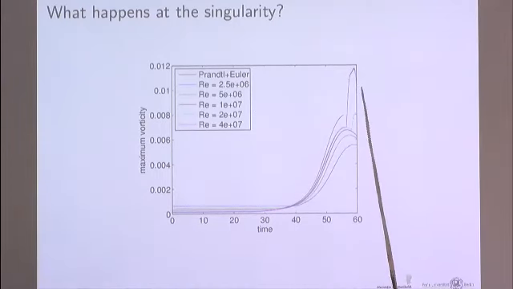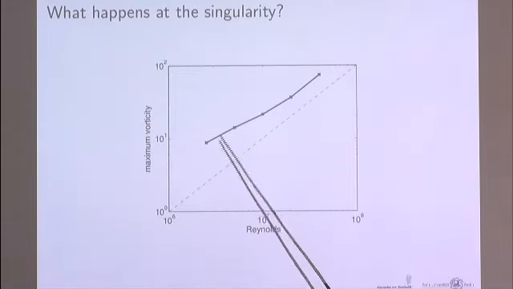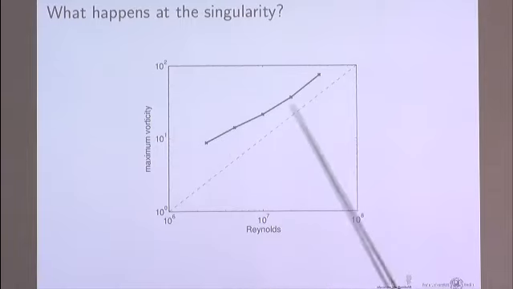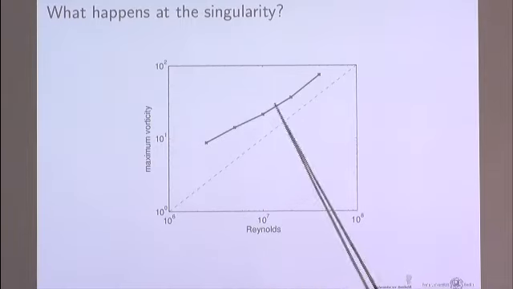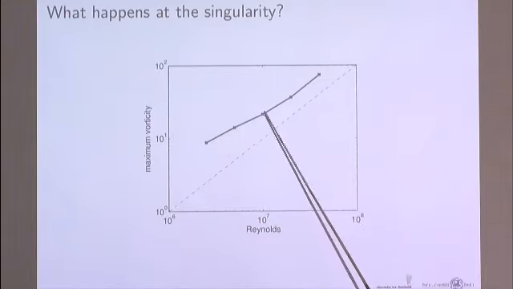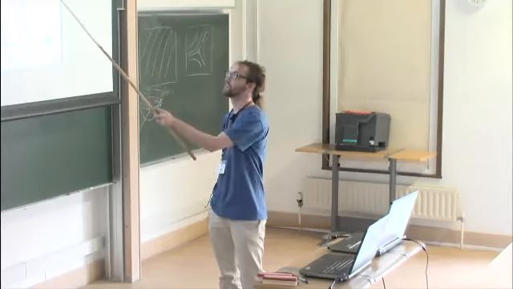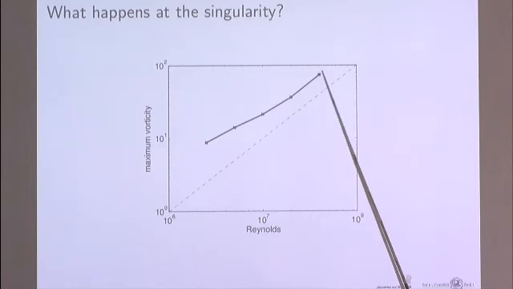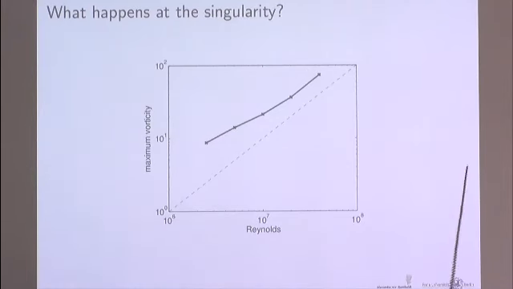And if we plot the maximum value attained by vorticity as a function of Reynolds number, we see that there is kind of a transition, and this is the Reynolds to the power 1 scaling. So for low Reynolds, we do have the Reynolds to 1/2 sort of scaling, which is consistent with the Prandtl theory. But for higher Reynolds, we start to transition to a much stronger scaling.